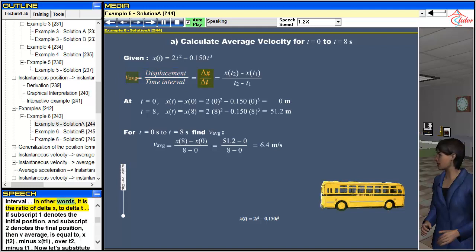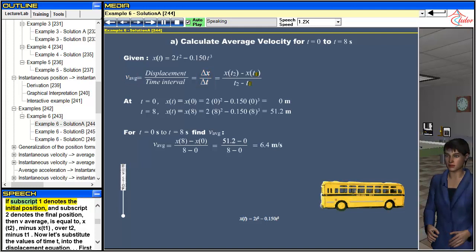In other words, it is the ratio of delta x to delta t. If subscript 1 denotes the initial position, and subscript 2 denotes the final position, then v average is equal to x at time t2 minus x at time t1 over t2 minus t1.